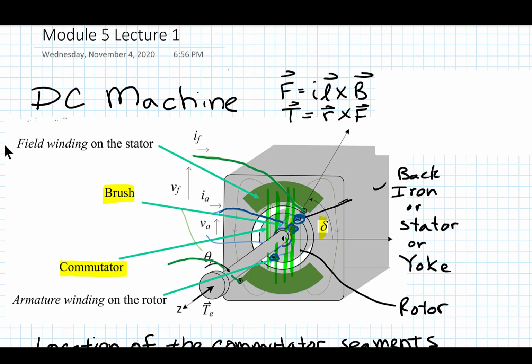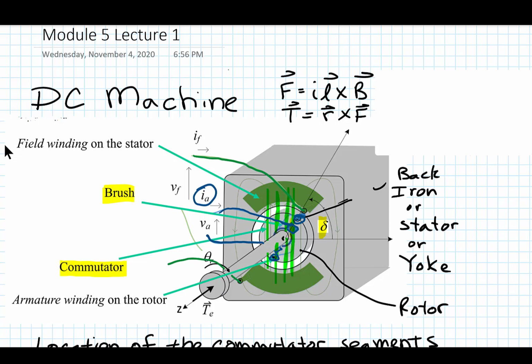It's this little rectangle right here, and the wire connects to the brush. And it's a carbon type of material. And there has to be two brushes, one for the supply and another brush for the return, in order to provide the current into the armature.